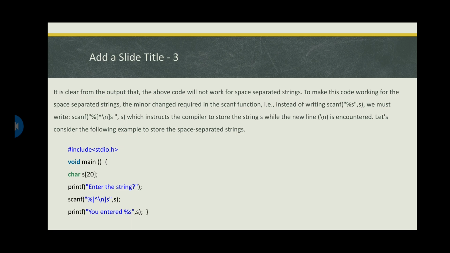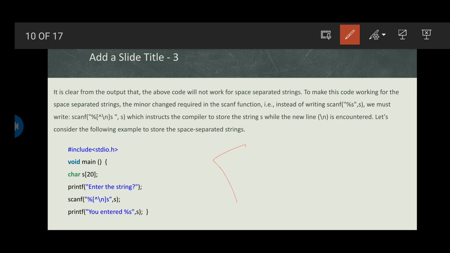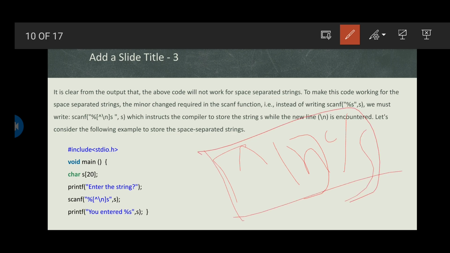So in this case, we can use the syntax of square brackets, like caret backslash n percentage s. We can use this syntax in place of percentage s to take a string separated by spaces. You can see from the output that the earlier code will not work for space separated input.